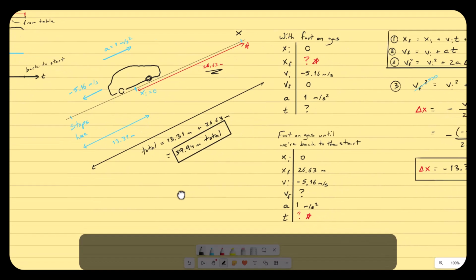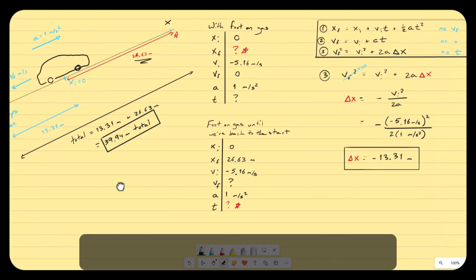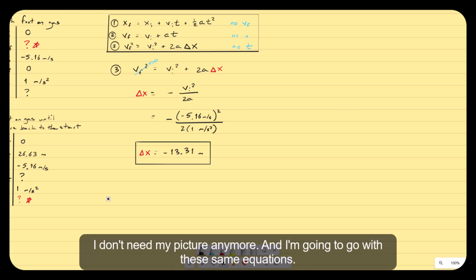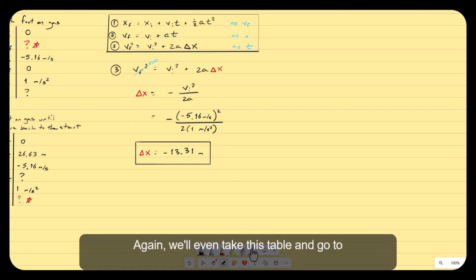Here we go. I've got my table. I don't need my picture anymore. And I'm going to go with these same equations again. I will even take this table and move it into a fresh space.